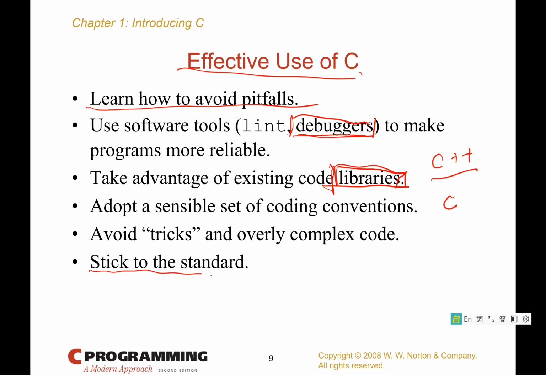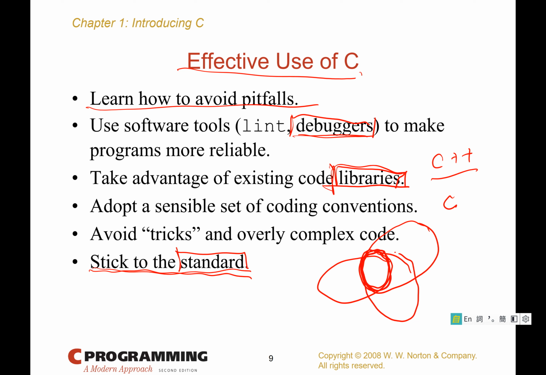Okay, another is to stick to the standard. Different compilers, different software vendors, software companies, provide a C compiler. The intersection of these C compilers is normally the standard of C provided by various versions.